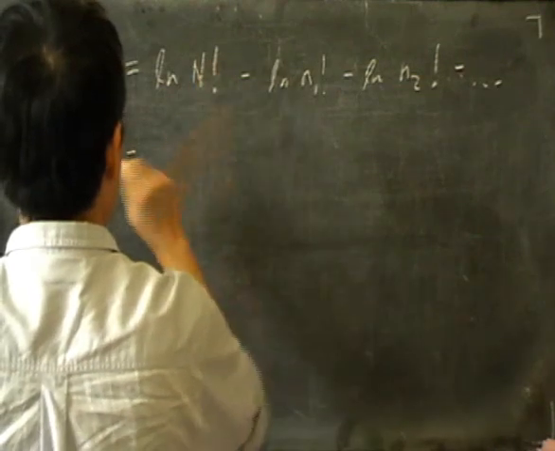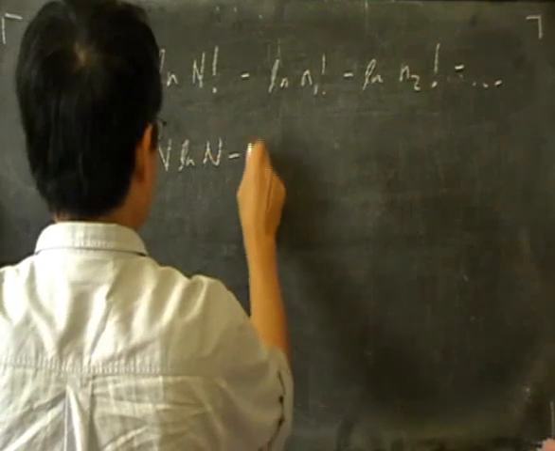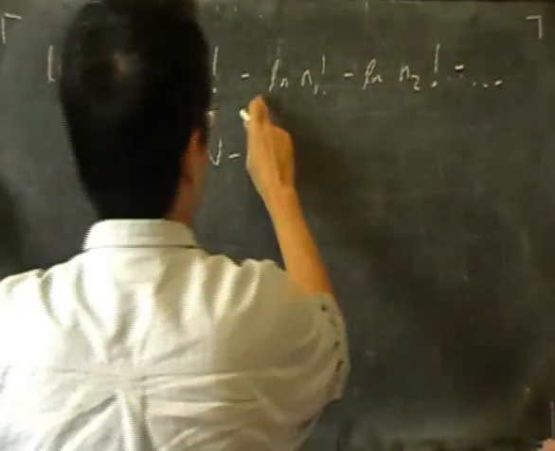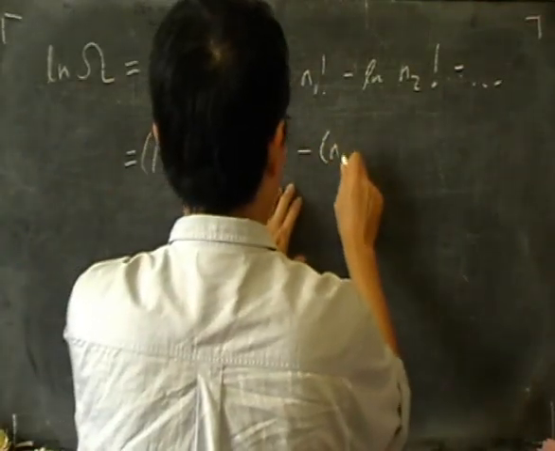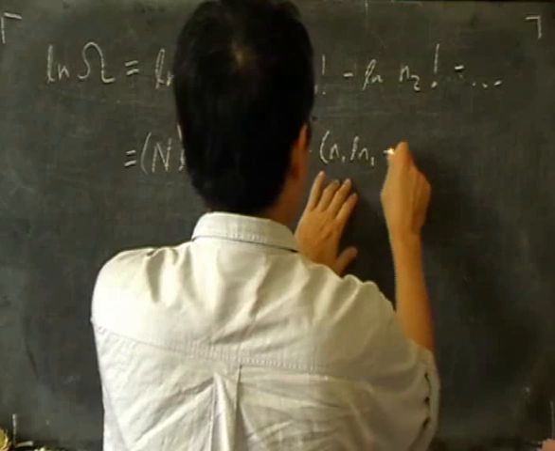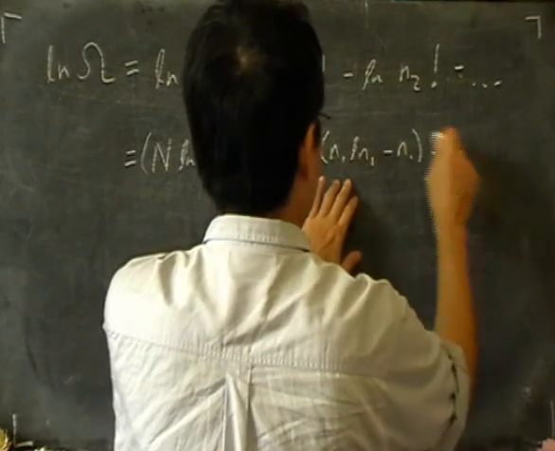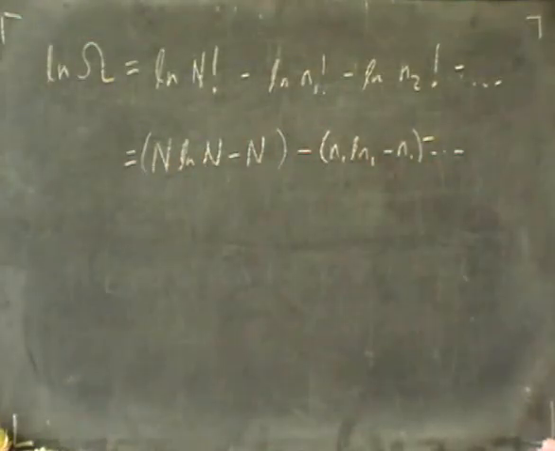So that will be n log n minus n, in brackets. Log n1 factorial becomes n1 log n1 minus n1, and so on. Right, so this is what it looks like.